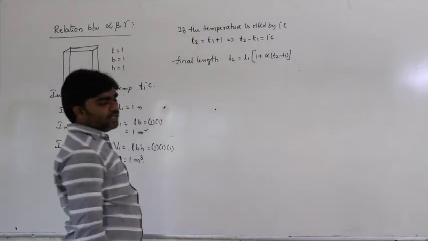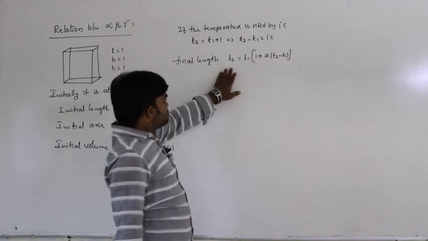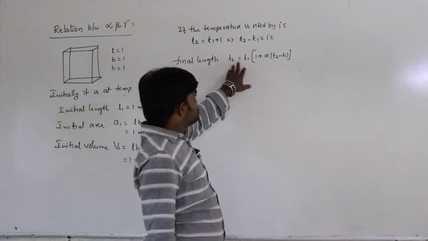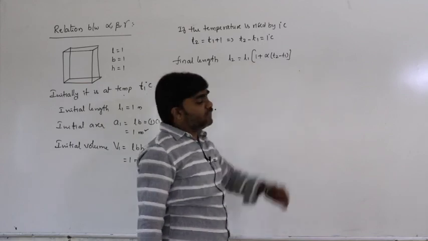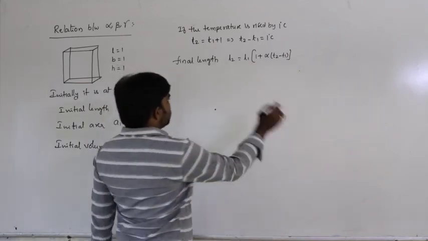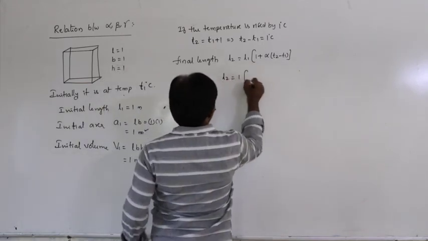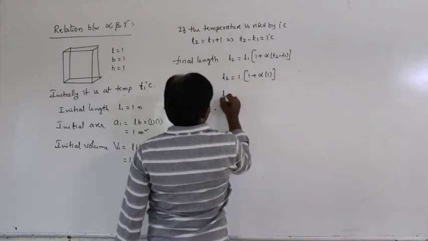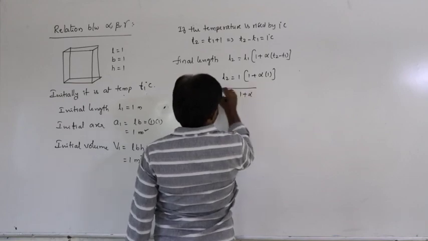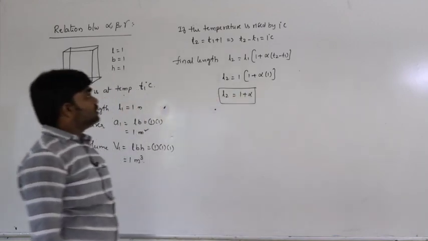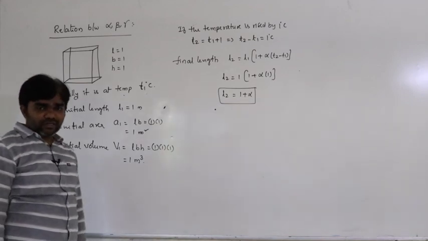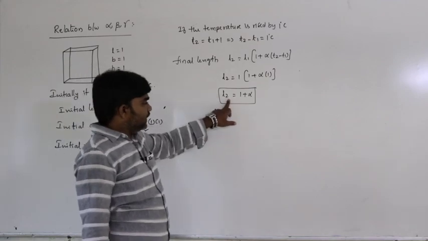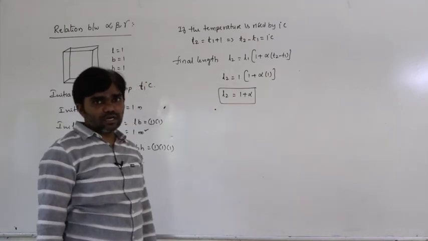Here L1 is 1 and T2 minus T1 is also 1, then L2 is equal to 1 plus alpha. So final length L2 can be written as 1 plus alpha.